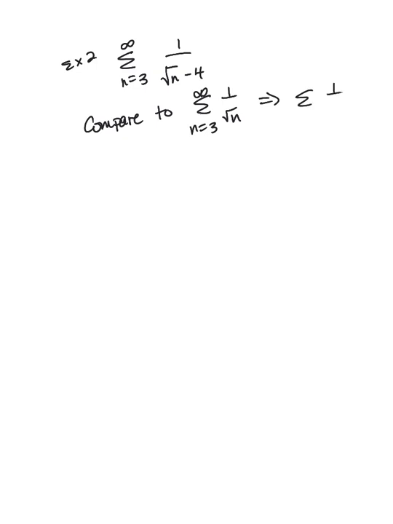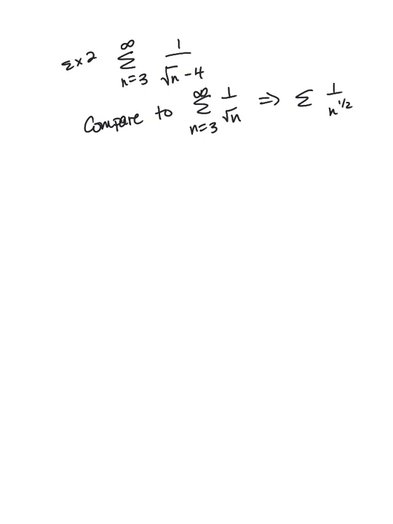So let's say we have the series n equals 3 to infinity of 1 over the square root of n minus 4. So we're going to compare this to the series 1 over the square root of n. Okay, so we know that this is the same as 1 over n to the half power.